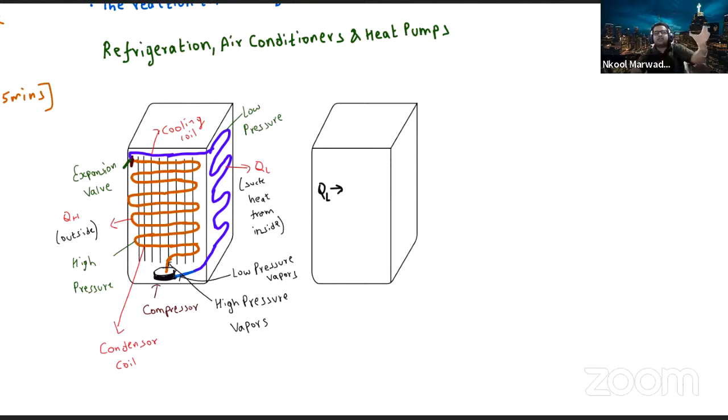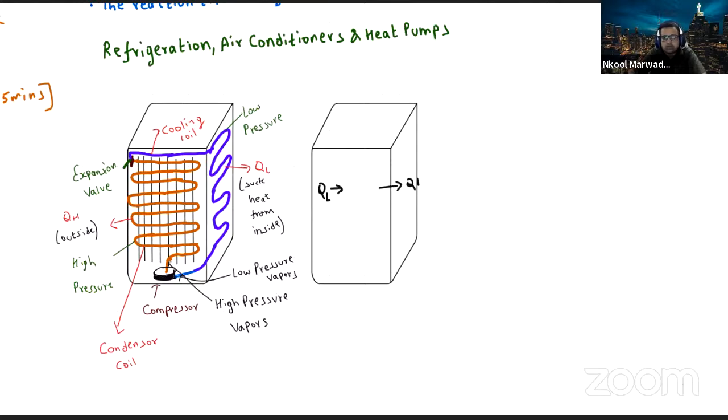So QL sucks the heat energy from the system. QH is the heat energy which is being thrown out to the surrounding. This is the idea.